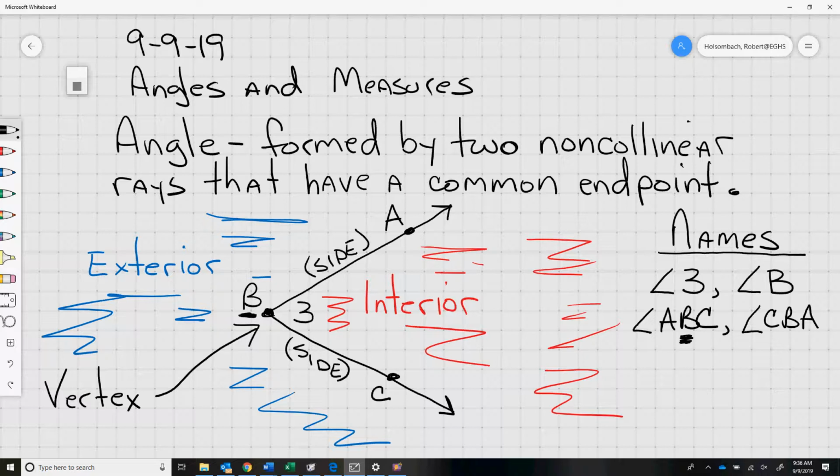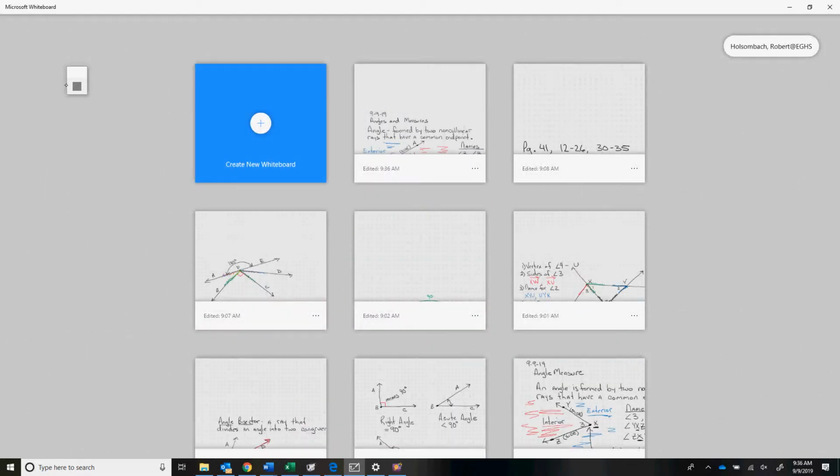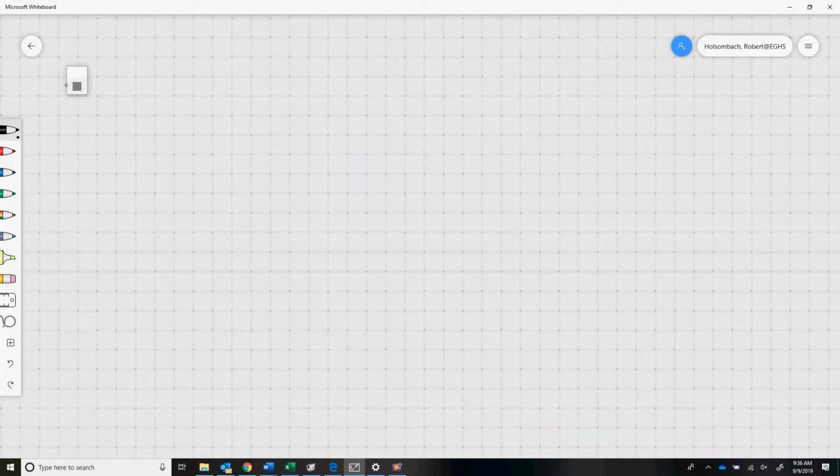Turn the page, we're going to look at the top of page 38. Classifying angles. Let's write this down: classifying by angle measure.